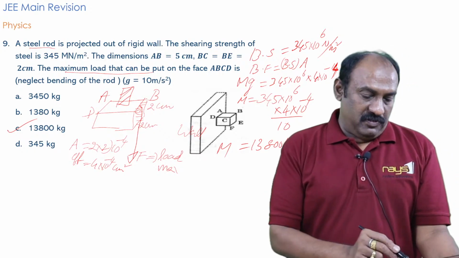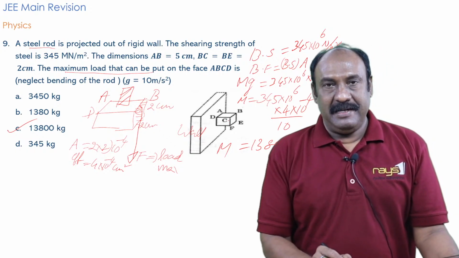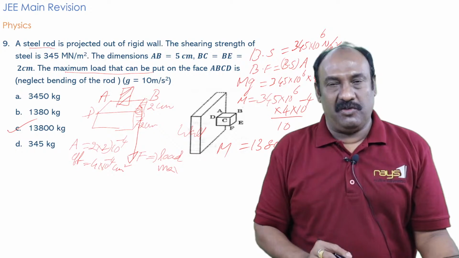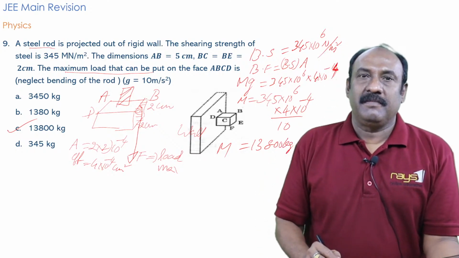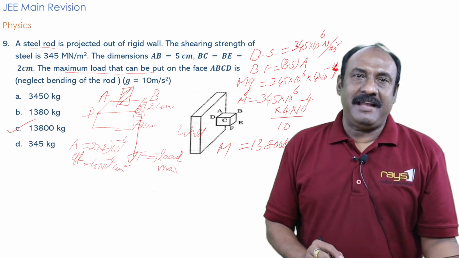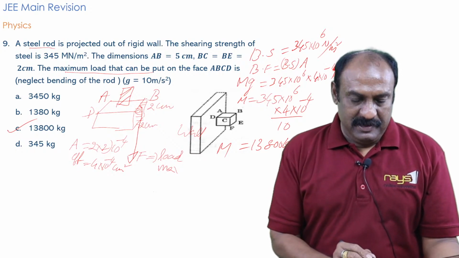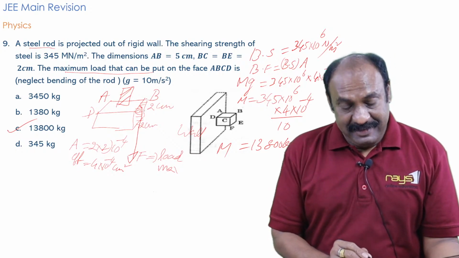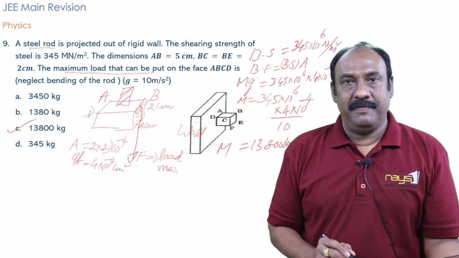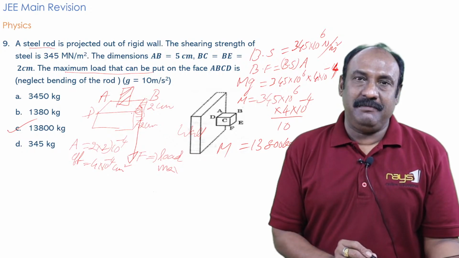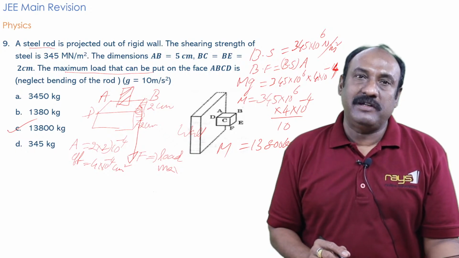So what is the question here? The maximum load that can be put on the face ABCD. Indirectly, its weight acts vertically downwards. So you have to consider the area of cross section that is tangential to the direction of application of the force. So this is the area. Along this area only the force in the form of load is applied, but it can bear the maximum strength of 345 mega Newton per meter square.